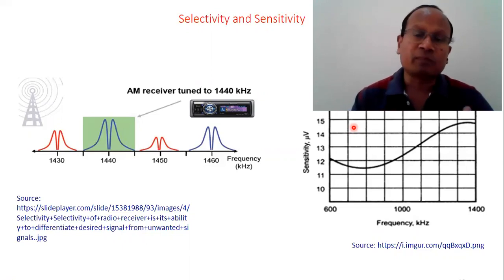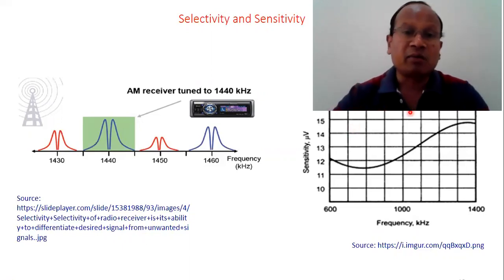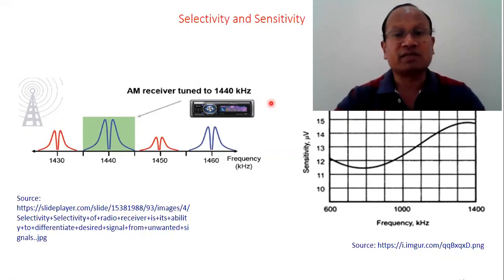Selectivity is the term which indicates the ability to select the desired signal and to remove the adjacent channel signal, so that we get the appropriate signal delivered at the output device called the receiver.